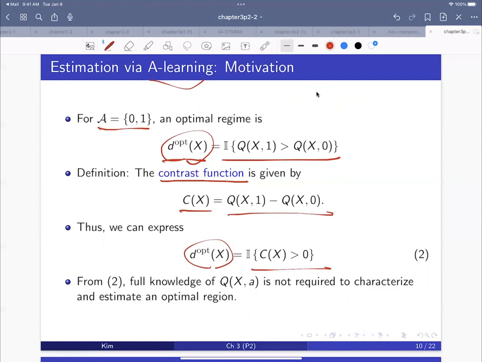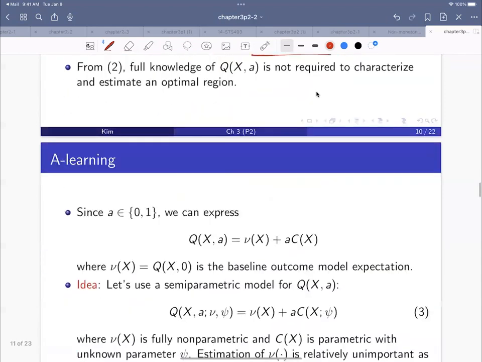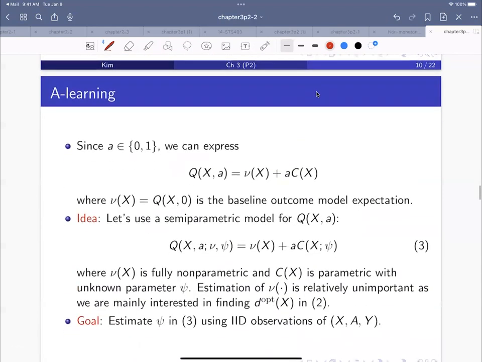Notice that we don't really need Q1 and Q0 to be known. All you have to know is the difference between Q1 and Q0. That's all we want to know. So that requires less assumption. That is the main idea.